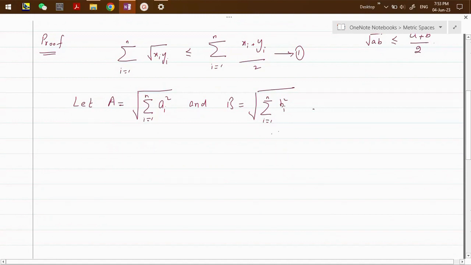We suppose the values of a and b are root of summation ai square and root of summation bi square respectively.